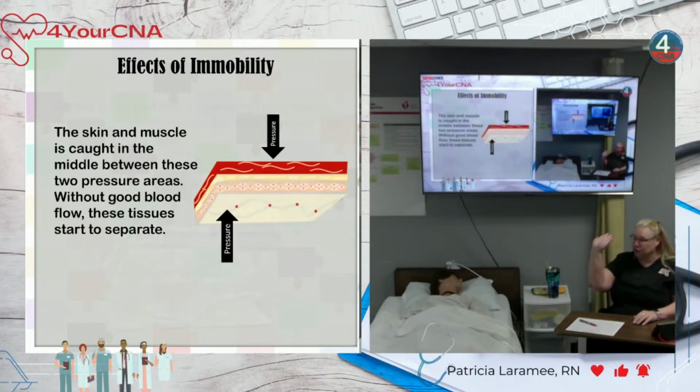So we have pressure from above, we have pressure from below, and what gets caught in between is not getting good blood flow. What do you think happens to tissue that doesn't get good blood flow? It dies. That is correct.